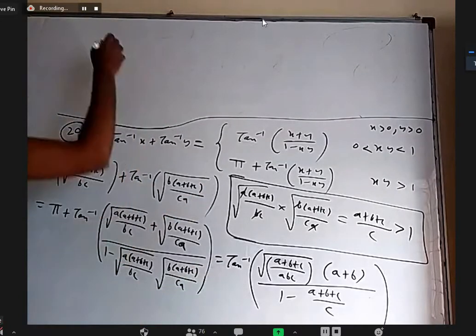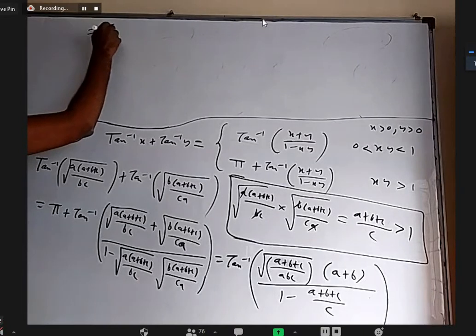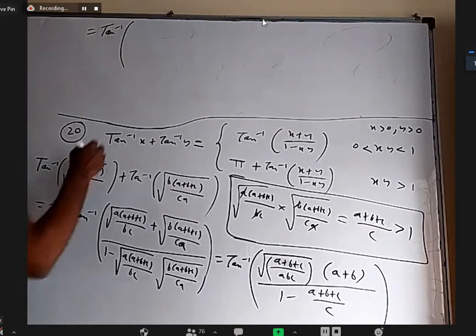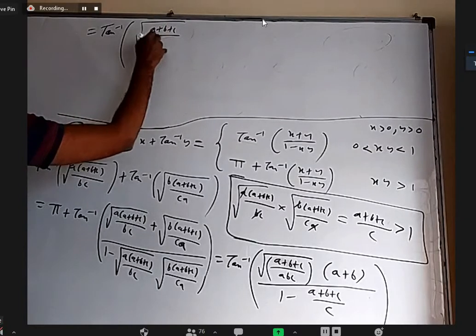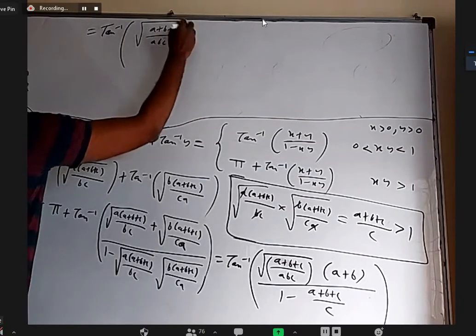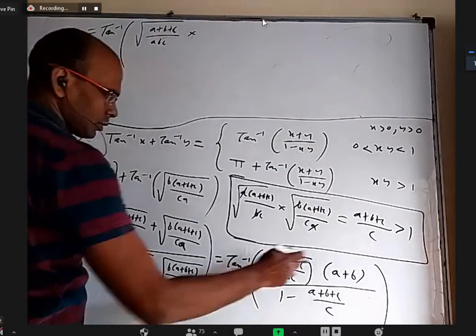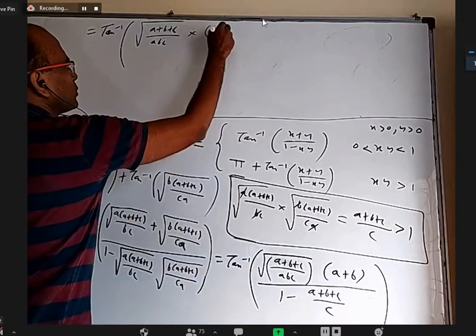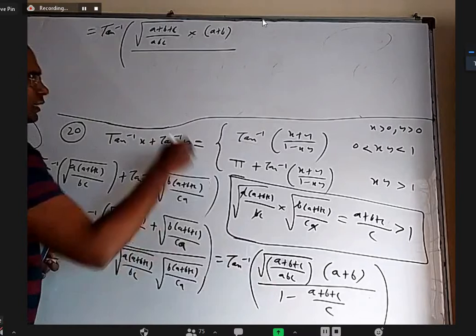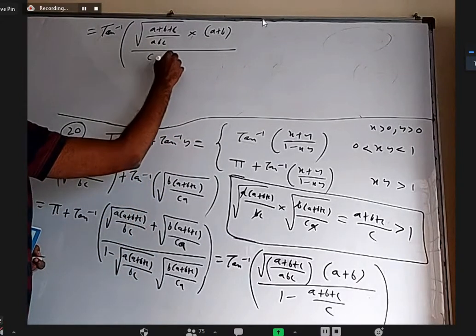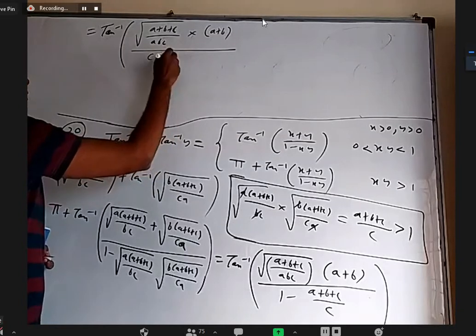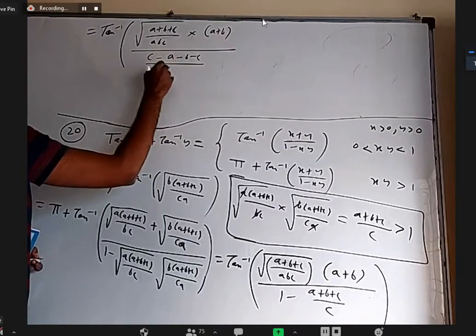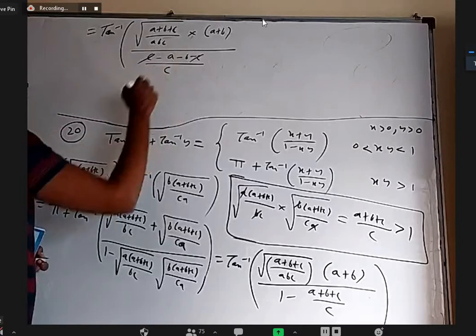Okay, coming to this now. Tan inverse of square root of (a plus b plus c) by abc, times (a plus b) by, here if I take the LCM, (c minus a minus b minus c) by c. The c and minus c will cancel.